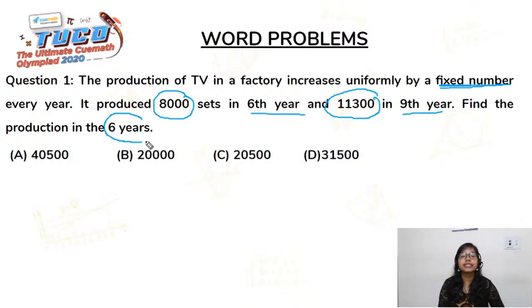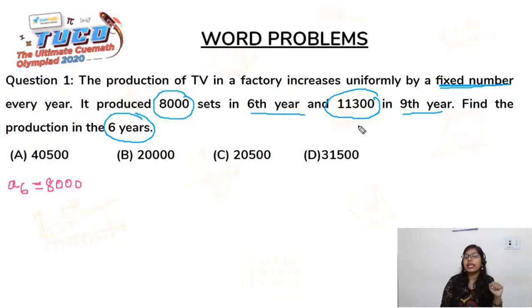So can I assume A6 to be 8,000 here? Yes, I can, because it is for the 6th year. And for the 9th year, A9 is nothing but the number of TV sets produced only in the 9th year, which is 11,300.